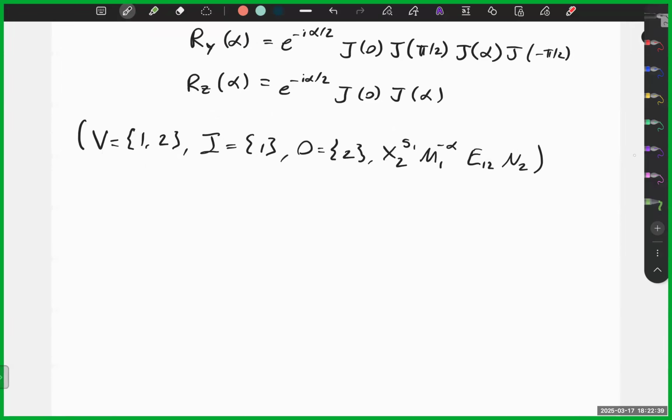To do that, we are going to go step by step in the pattern procedure. First, since we have one input qubit, just take psi equals alpha 0 plus beta 1 as an arbitrary state.